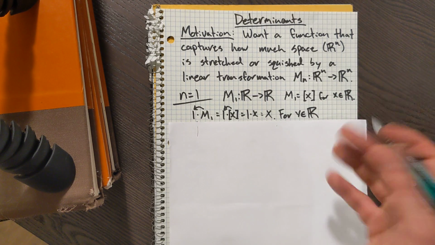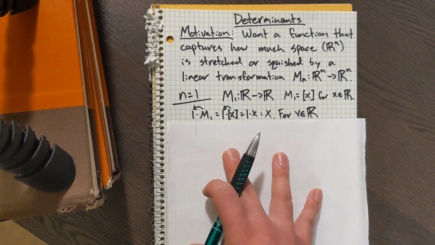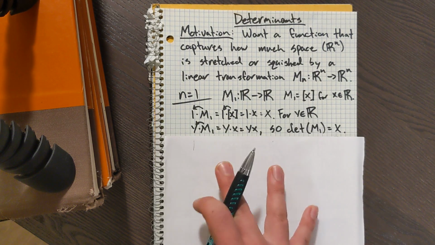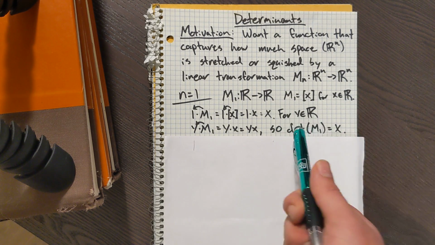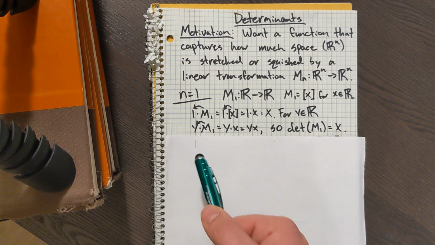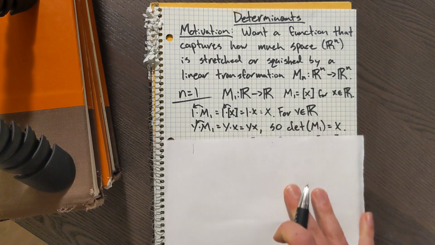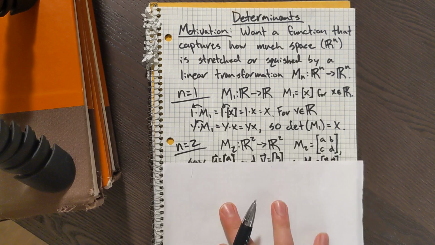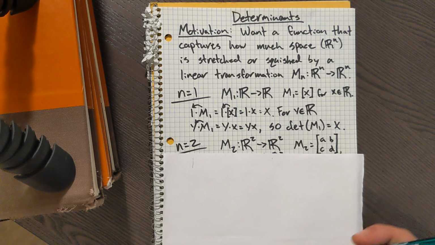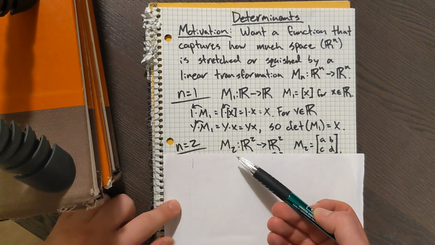We can extend that via linearity to basically say that since this is a line and things are linearly stretched nicely, for any other number y, we're also stretching it by a factor of x, so the determinant of M is x.